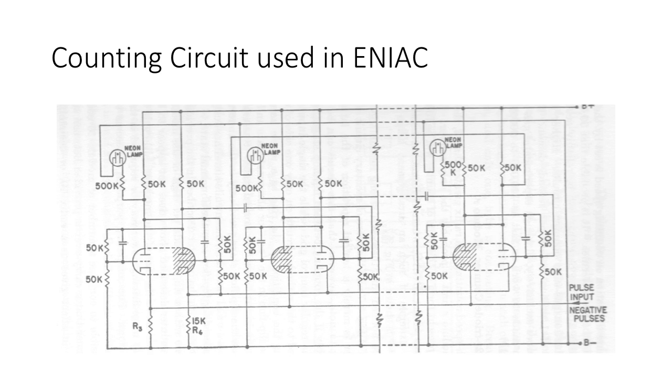And we'll also see, because it's using BCD, that it needs to use what's called 9's complement instead of 2's complement, which you might be used to if you're dealing with binary. There are gates for synchronization and timing. And what we see here is the basic counting circuit used in ENIAC.